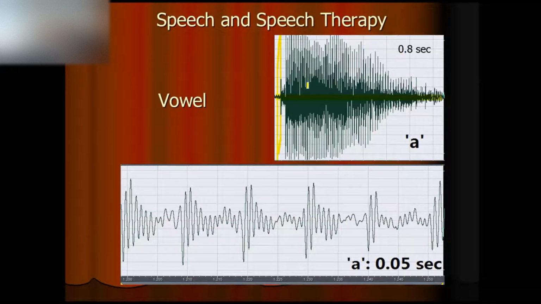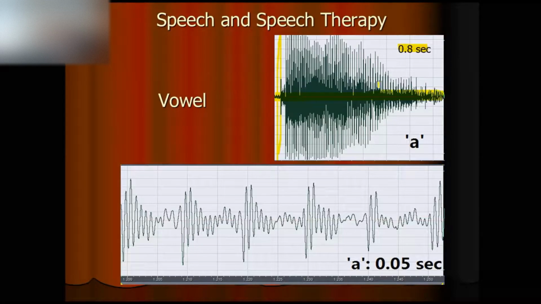So we can see for this one, the duration of the recording is 0.8 seconds. In this 0.8 seconds, I finish pronouncing a vowel.